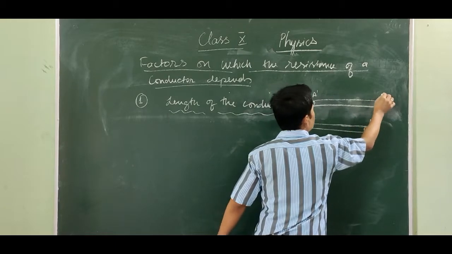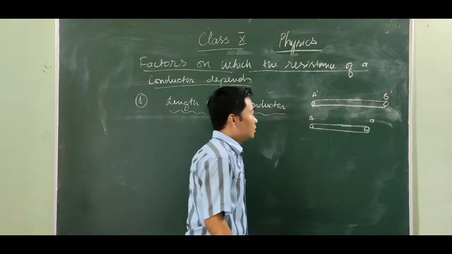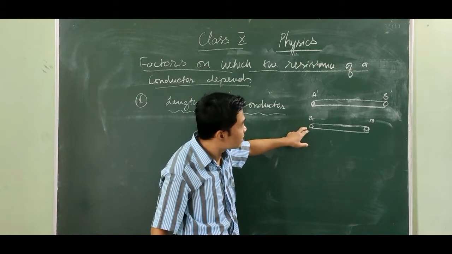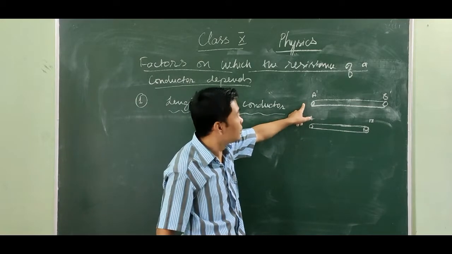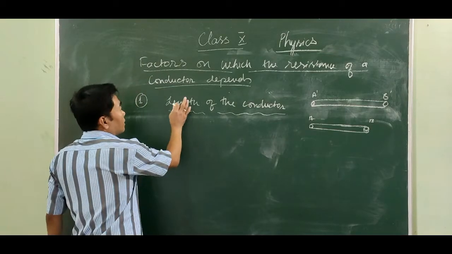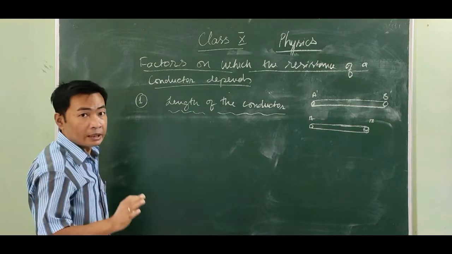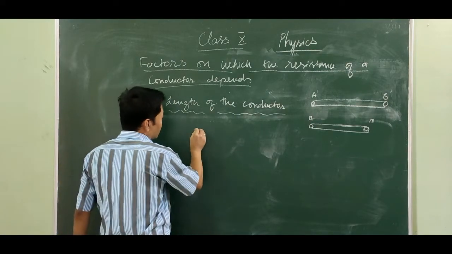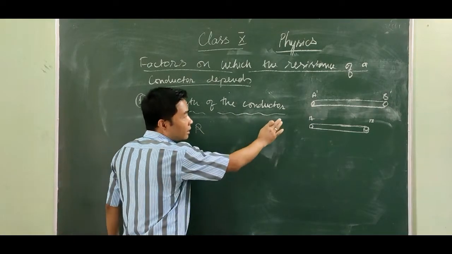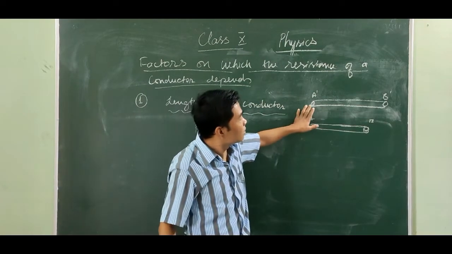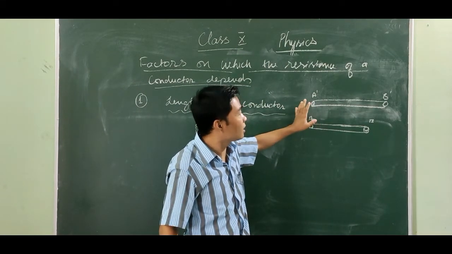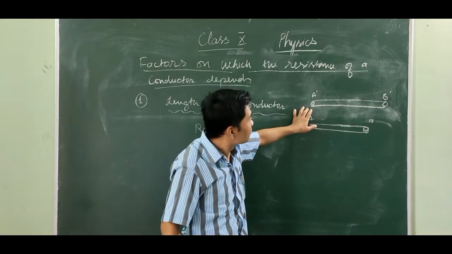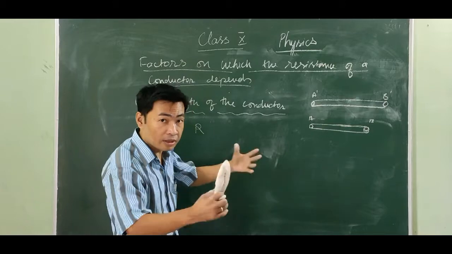Between these two conductors, the second conductor is longer. So the resistance of a conductor depends on the length of the conductor. If the length of the conductor is greater, then we have a high resistance, more resistance.